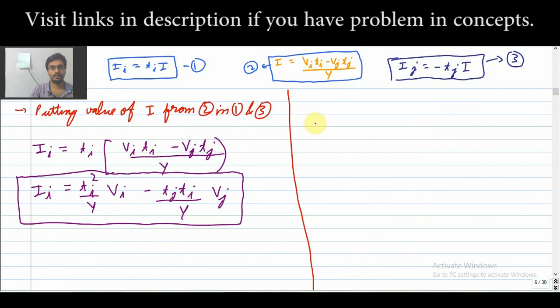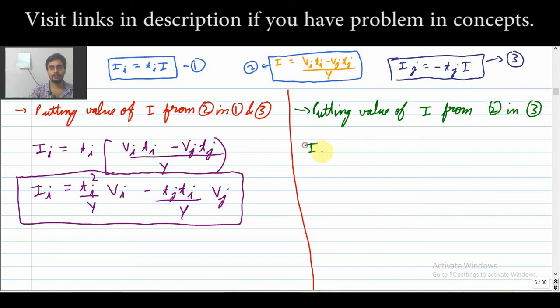Now let me take the other one, putting the value of I from 2 in 3.